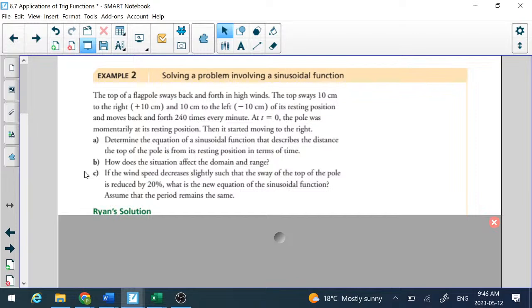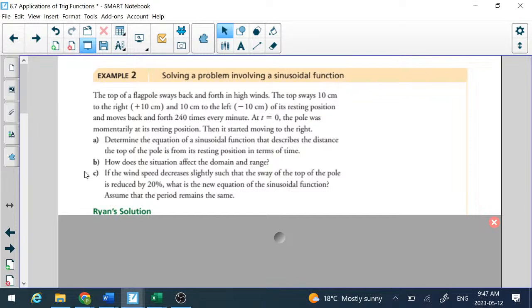1,440. Is that good? Right on. Let's check. Because in 60 seconds, you did 240 cycles. That's what they said here. It goes back and forth.